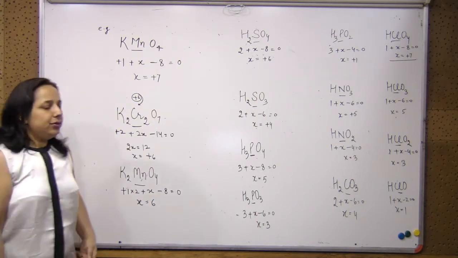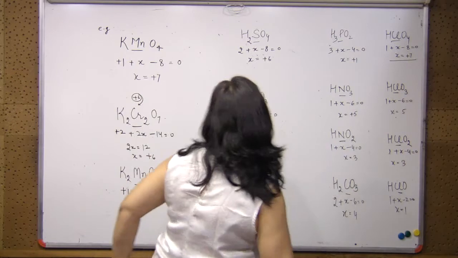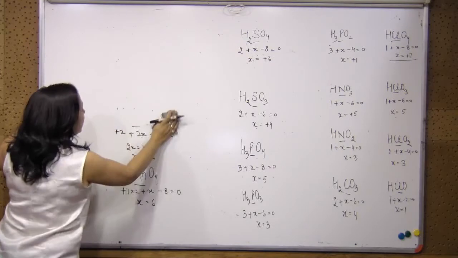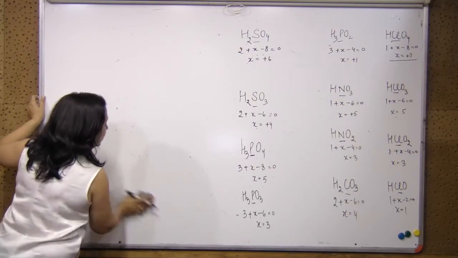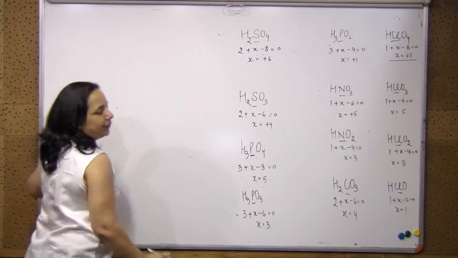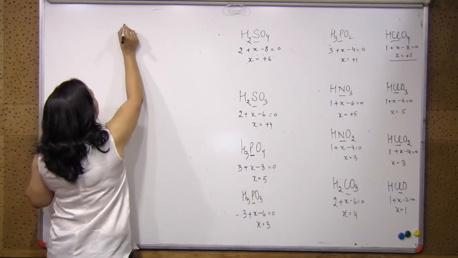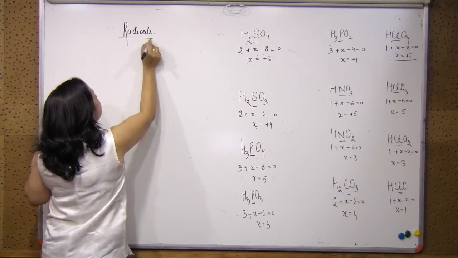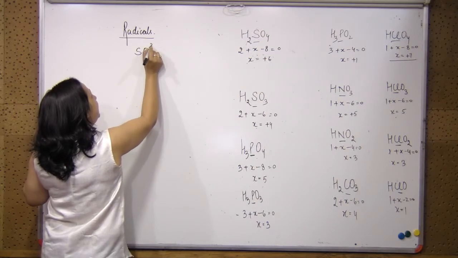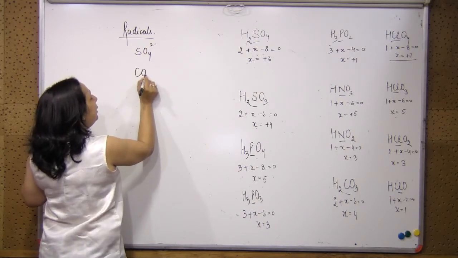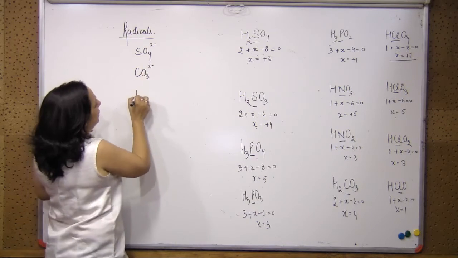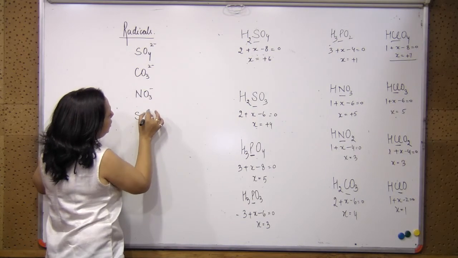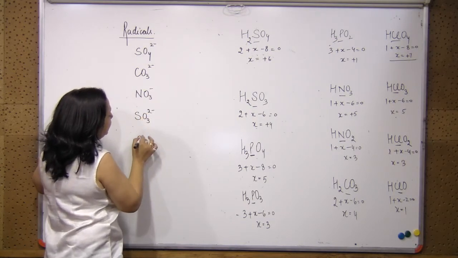Now there are a few species to be learned by heart, and those are called radicals. If you know the charge of a radical, calculating oxidation number becomes very easy. For example, we must know a few radicals. Sulfate, SO4 2 negative; carbonate, CO3 2 negative; nitrate, NO3 1 negative; sulfite, SO3 2 negative; sulfide, S 2 negative.